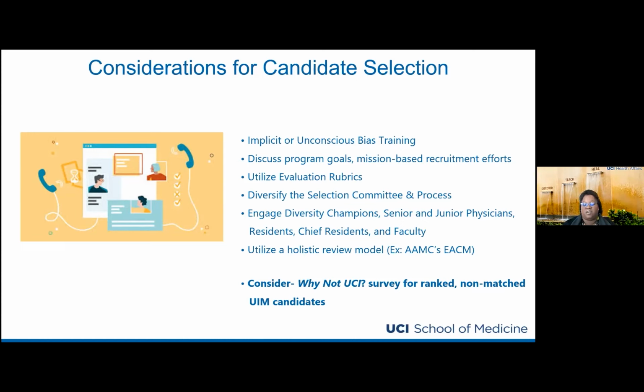For us, this has been helpful in understanding individuals who we provided acceptance to, who did not ultimately choose UC Irvine. We want to know why. We look at that data every year to understand, was it an issue related to location or scholarships or their experience on interview day. So all these little pieces of information can really help us ensure that as we look at data year to year, we're making the necessary changes as part of our process.